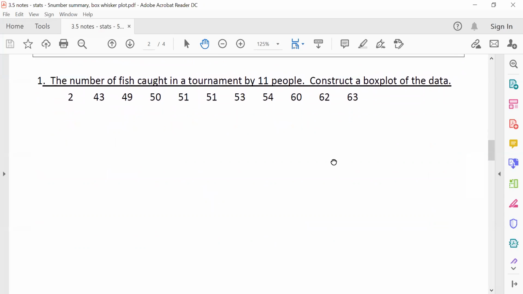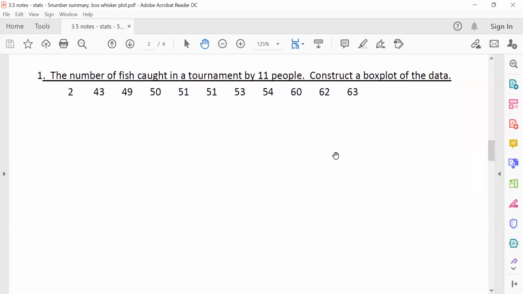So let's construct a box plot for this data, for the fish data. Now our numbers range from as low as 2 to as high as 63.